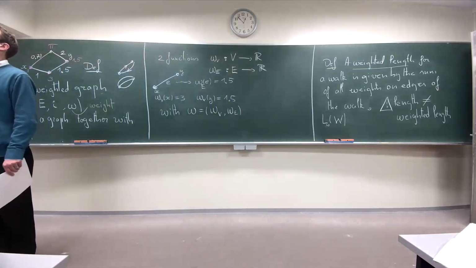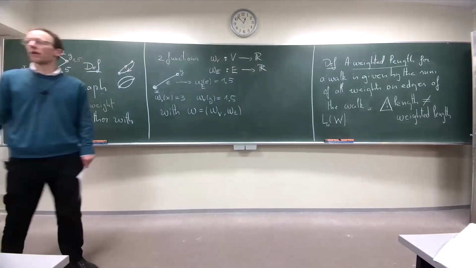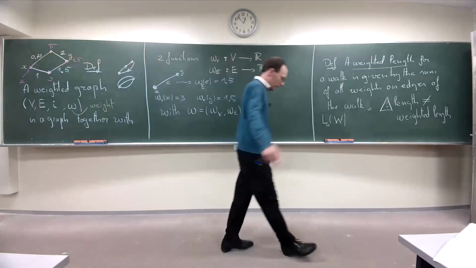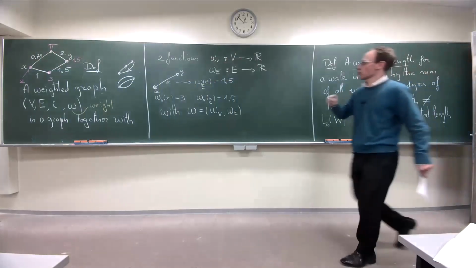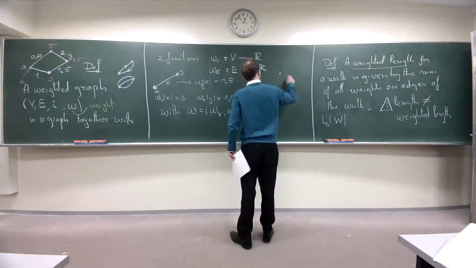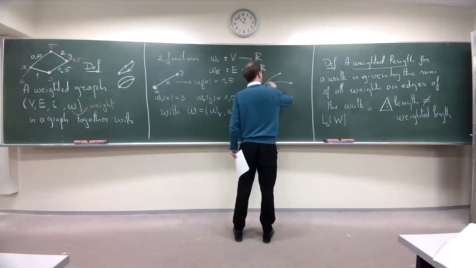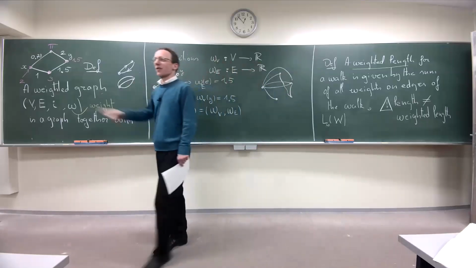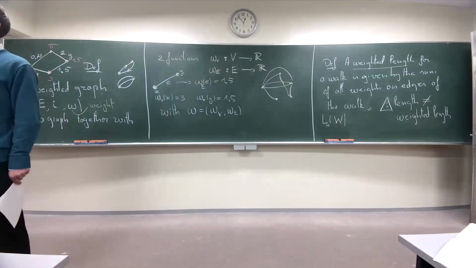You have a question? Like a practical use kind of. Oh, okay. Let's come back to this salesman problem. You want to visit a couple of points, but you have to pay a price depending on the path you take. You have to pay for something, so you want to minimize the cost.